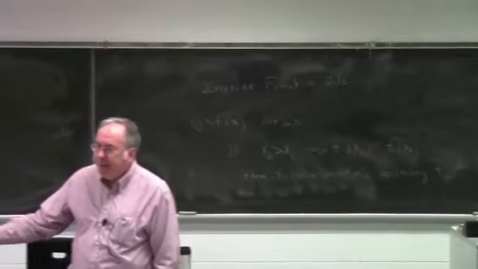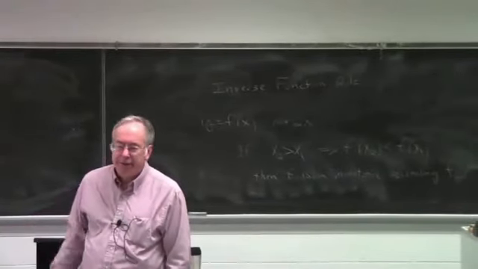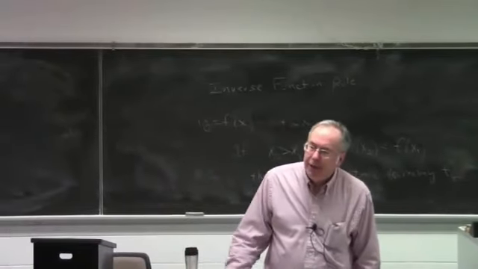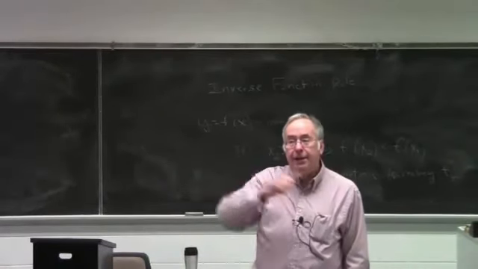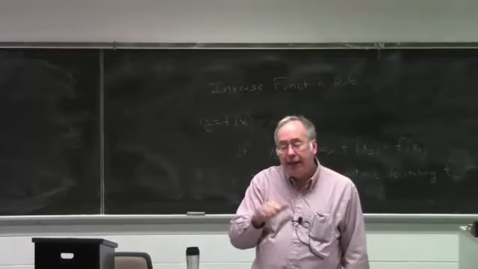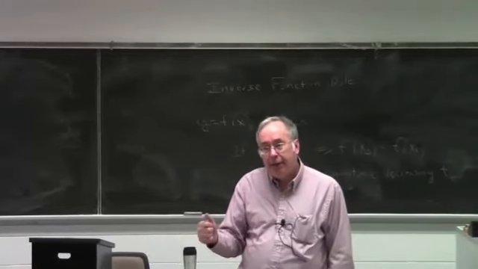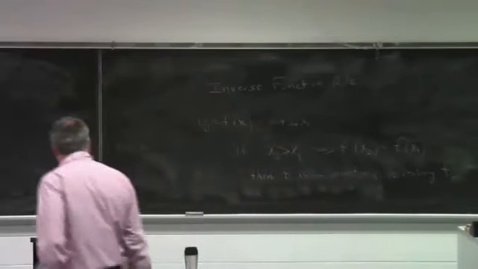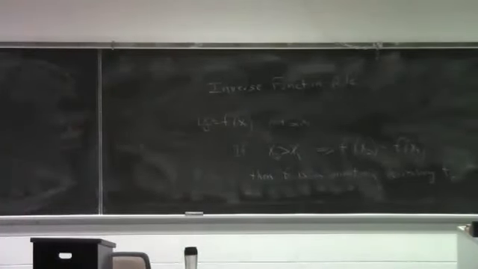In terms of monotonic, what would you guess it is? Yeah, it's a monotonic increasing function, because it is a linear function with a positive slope. So that means as x gets bigger, y gets bigger. And that's always true. So this is an example of a monotonic increasing function.